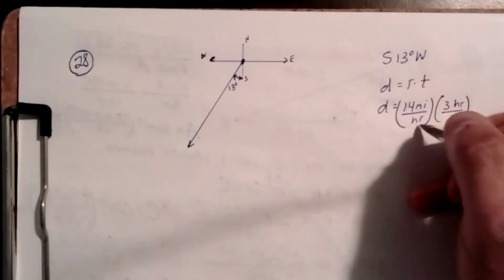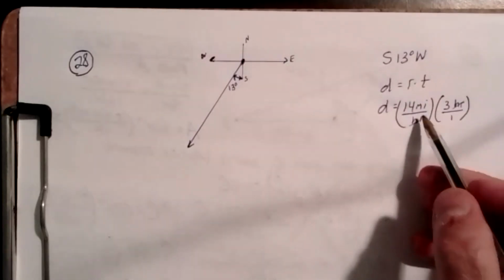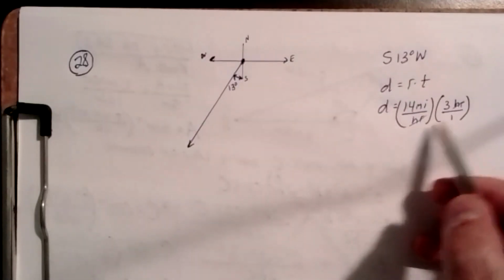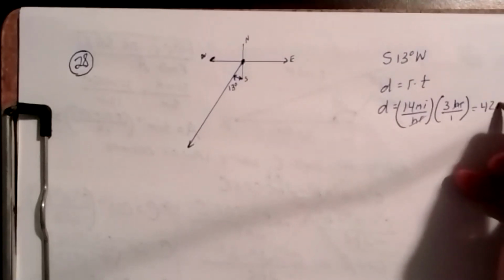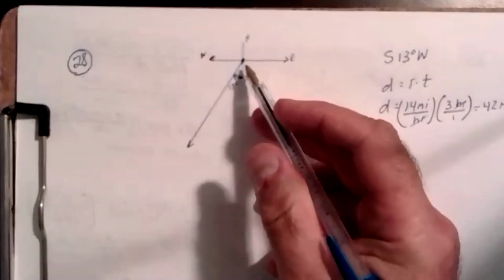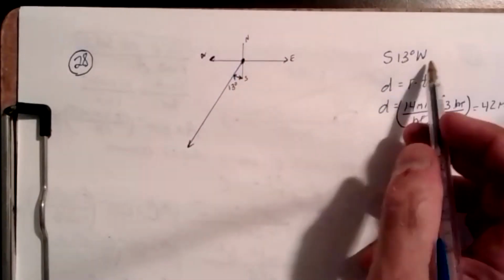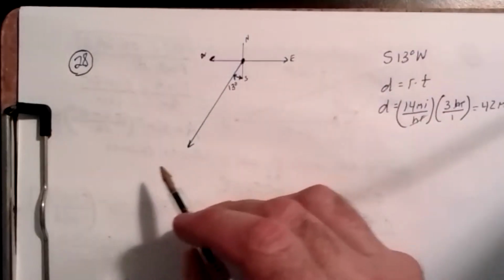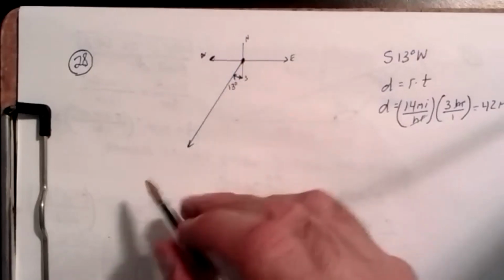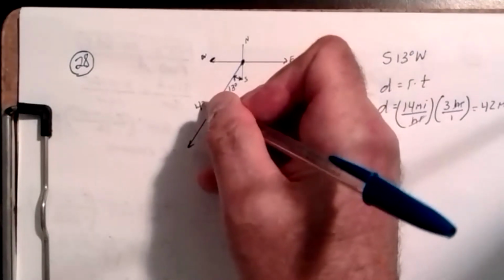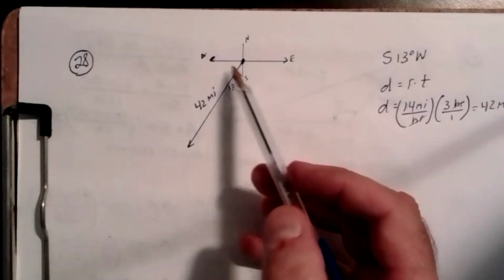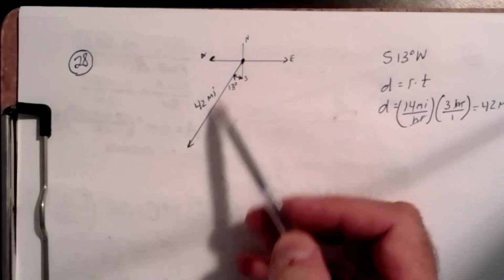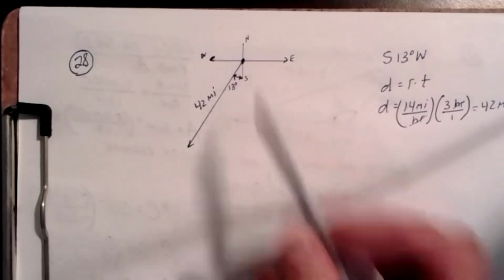Notice the hour units cancel out, leaving you with miles, proper units for distance. Notice how the units work here. 3 times 14 is 42. 42 miles. This ship heading at 13 degrees west of south will have traveled 42 miles from the harbor where it left. So this is 42 miles, that length there. The length of this vector, ladies and gentlemen, we call this a vector, is 42 miles.